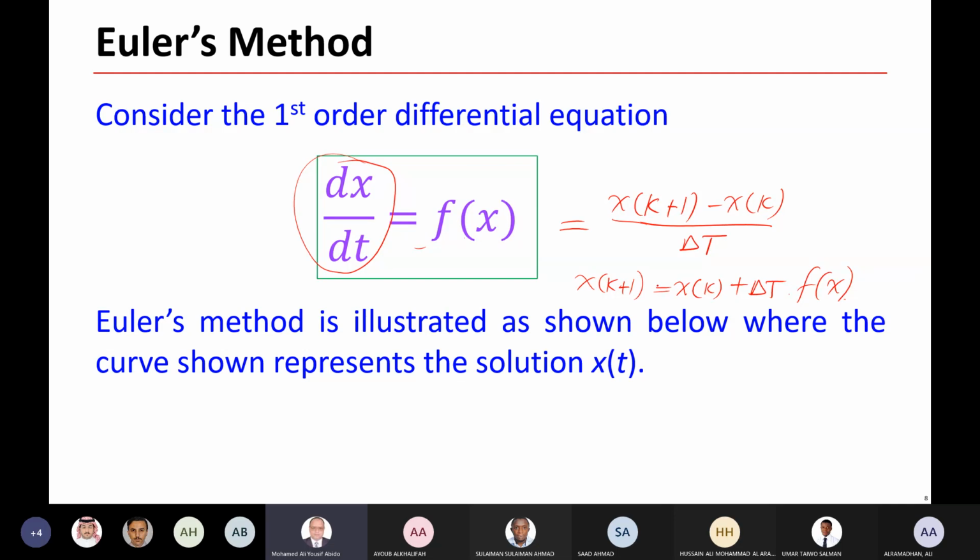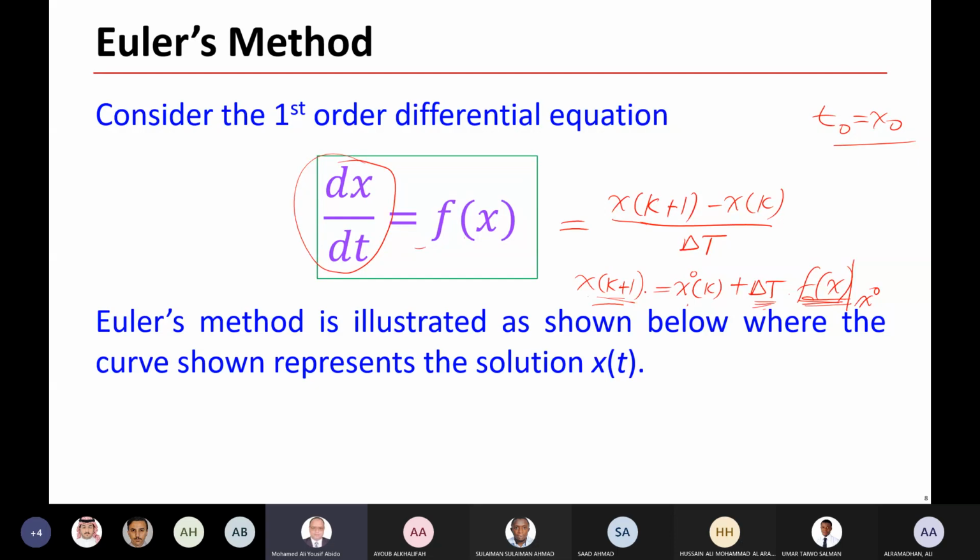So when you start at t0, you know the function equals x0. So x0 is known, and delta t, you can calculate f at x0, and you multiply by delta t, and then you can get x of k plus 1.